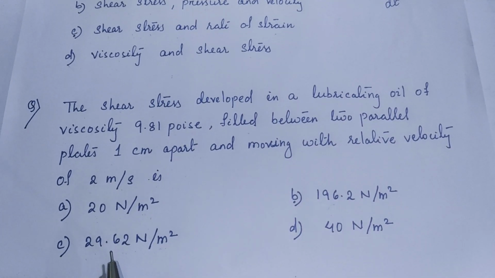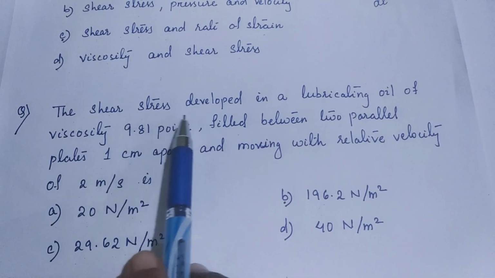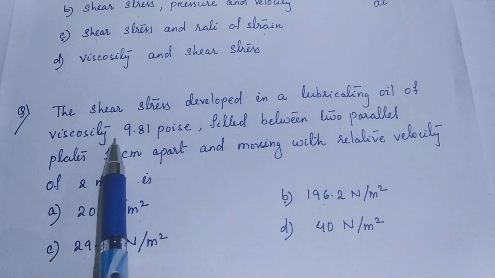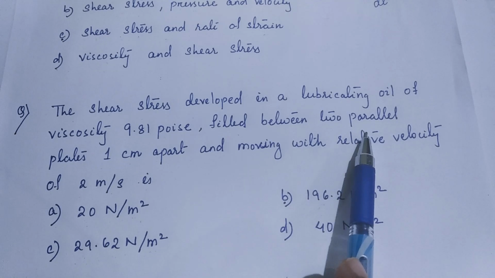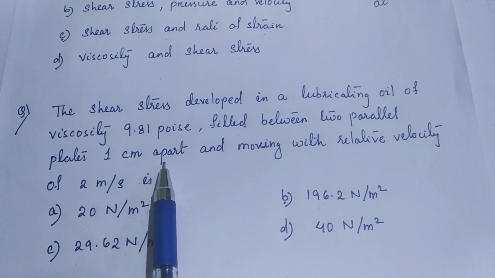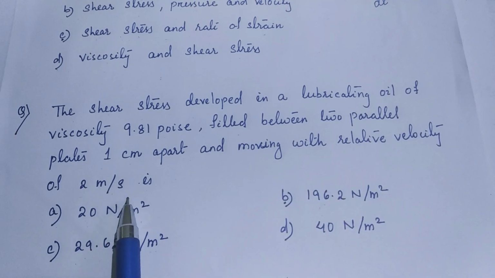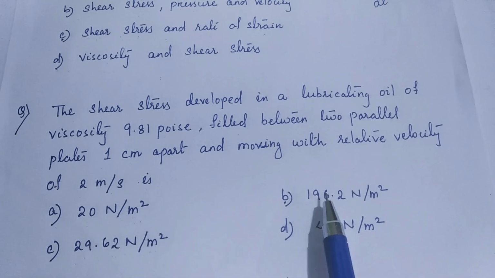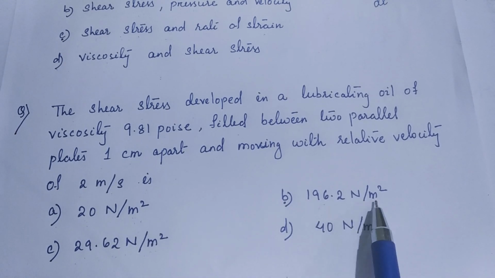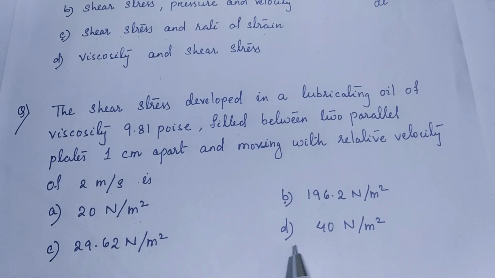Next question. So this is a numerical. The shear stress developed in a lubricating oil of viscosity 9.81 poise filled between two parallel plates 1 centimeter apart and moving with relative velocity of 2 meter per second is: bit A, 20 Newton per meter square; bit B, 196.2 Newton per meter square; bit C, 29.62 Newton per meter square; bit D, 40 Newton per meter square.